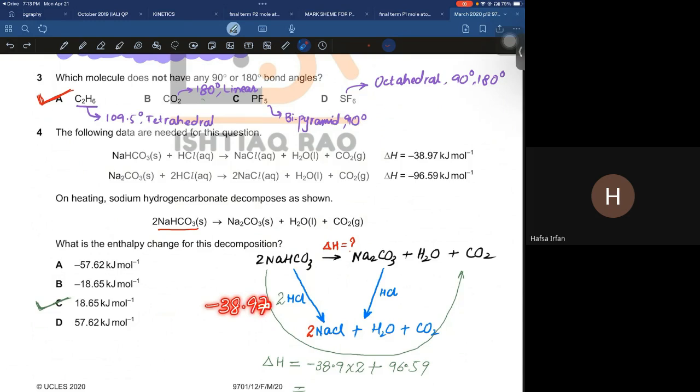You multiply this value by 2 because the coefficient is 2.